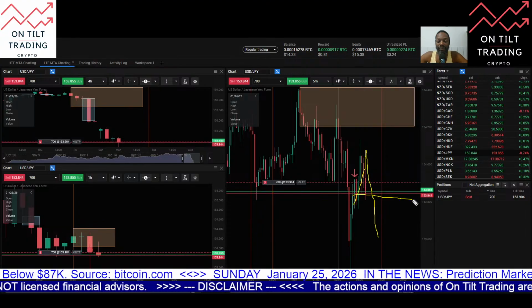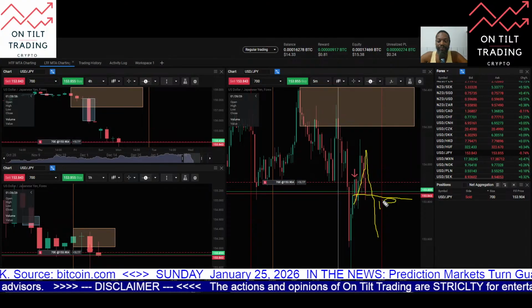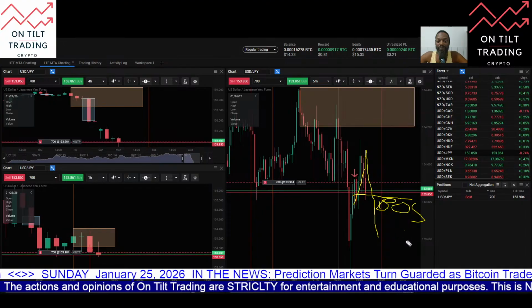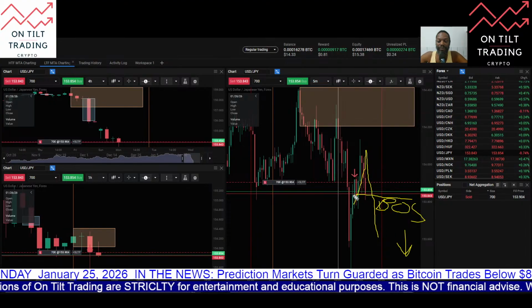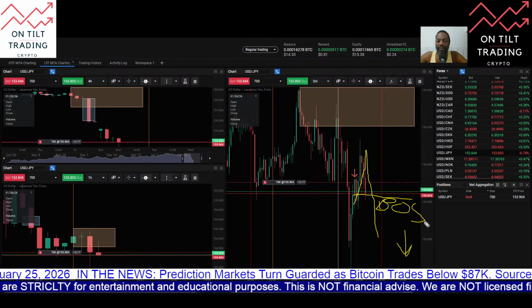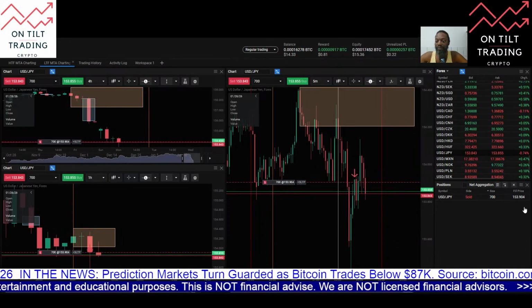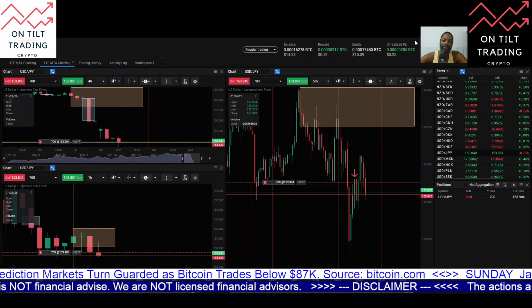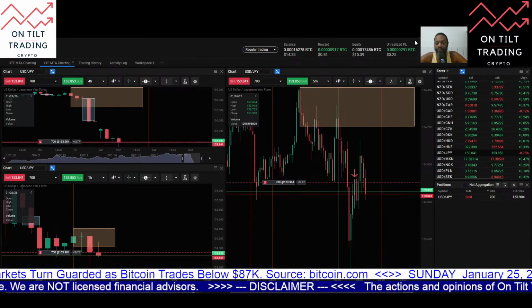So this is broken here, break of structure to the sell side. So this would show a higher probability that price would continue delivering to the sell side. So we'll see what price does here.